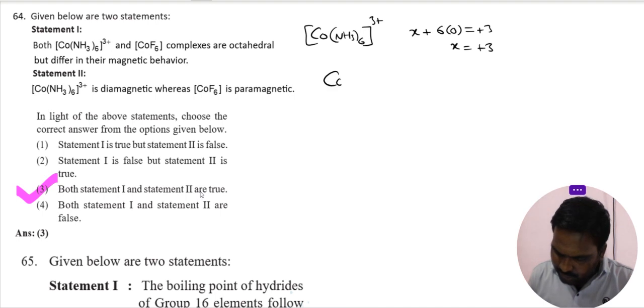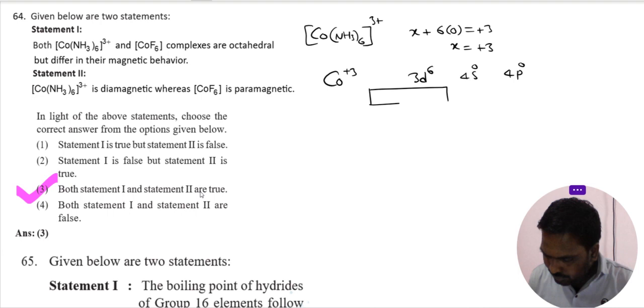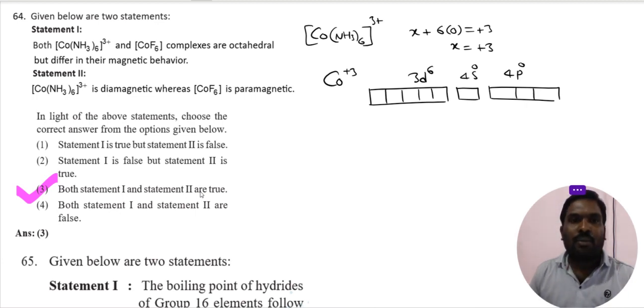So cobalt in the plus 3 state is a 3d6 system, with 4s and 4p empty. Now ammonia is a strong field ligand, so electrons will be paired, opposite to Hund's rule.